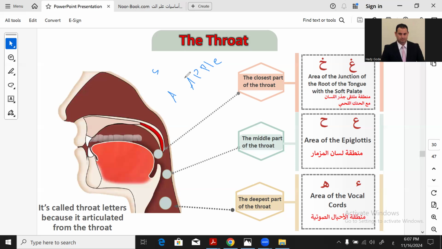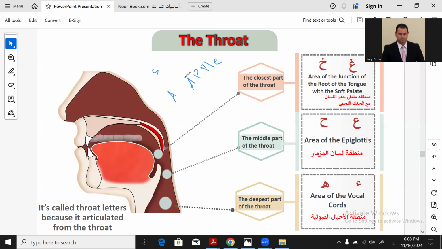The articulation point of letter Hamza comes from the throat, so there is no work for the tongue or any other articulation point. All of the sound comes from the throat only.